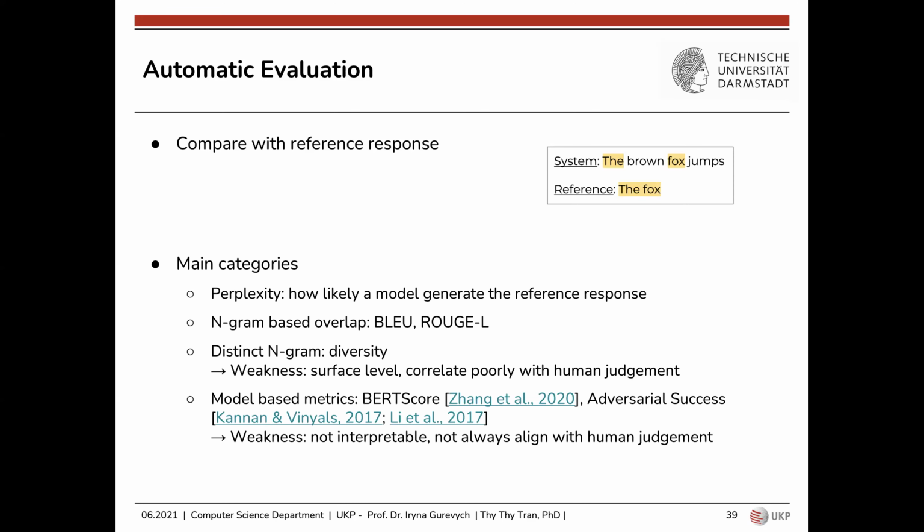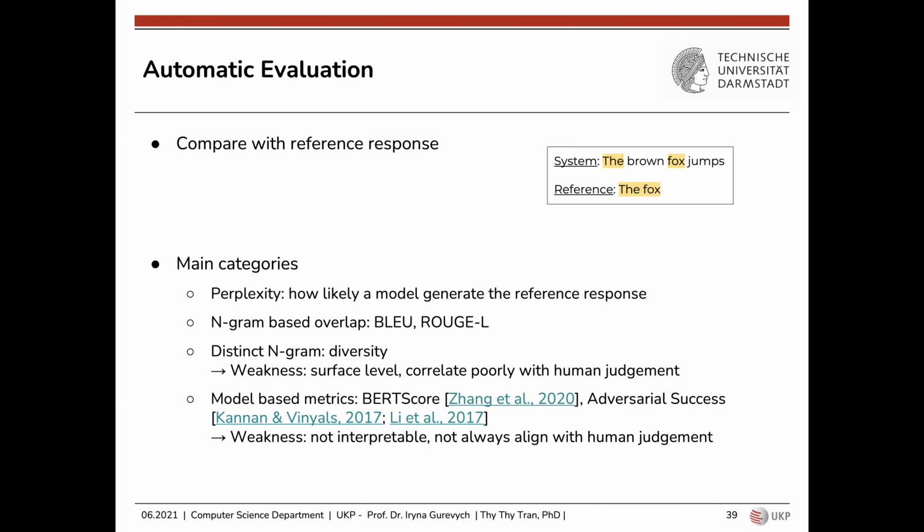To compute the semantic similarity, model-based metrics have been proposed. Among them, the 2 well-known metrics are BERTScore and adversarial success. BERTScore computes the semantic relatedness of the generated response to the reference.